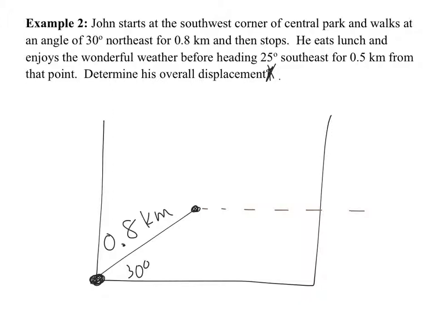But this guy is no longer on the bottom of Central Park, so that's not my horizontal anymore. You need a new horizontal. And I need to go southeast of that. How do I go southeast? Well, if I went east, it would be this way, right? From here, directly east would be this way. Southeast means I'm going this way. So this person is now coming back down at an angle of 25 degrees for 0.5. So make it a little bit shorter, please.